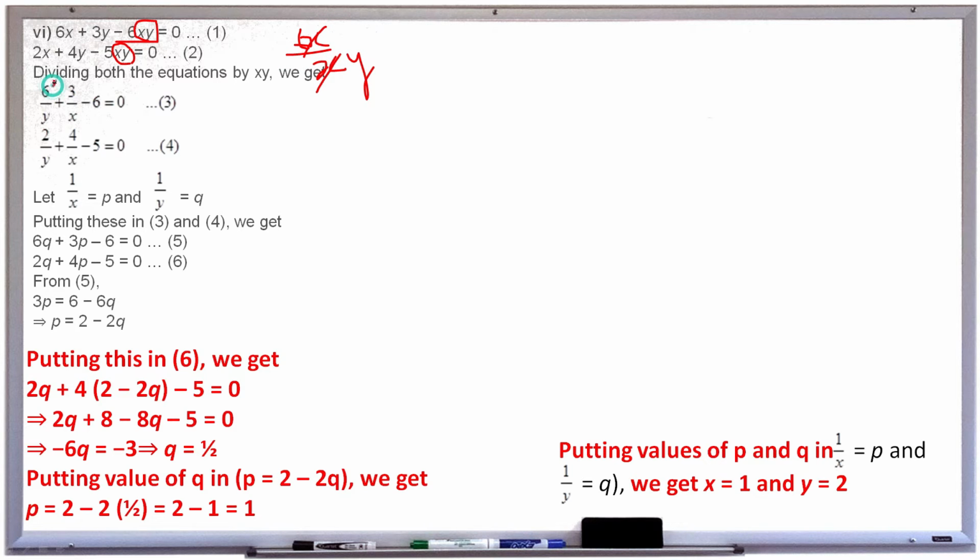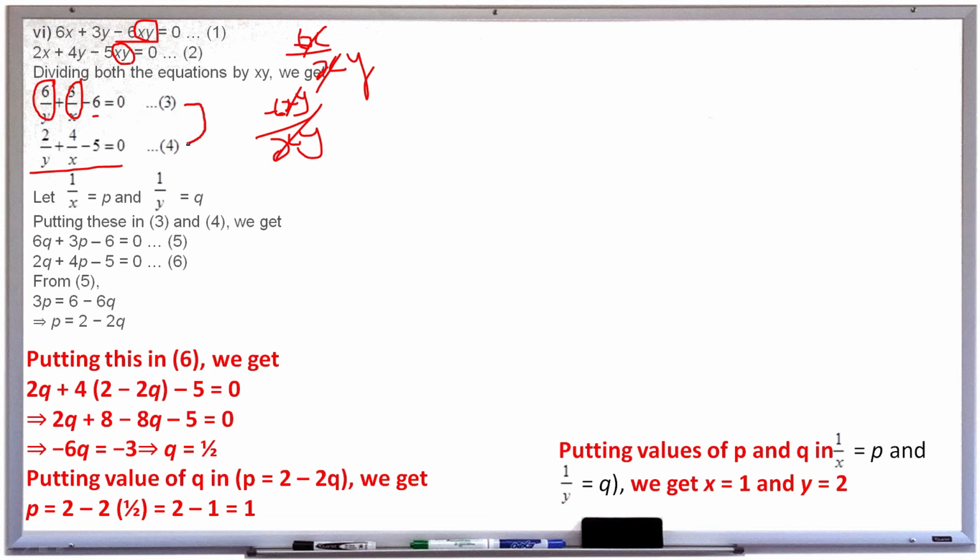First one 6 by y. Similarly second one 3 by x, minus 6xy divided by xy, xy will get cancelled, only minus 6 will come.